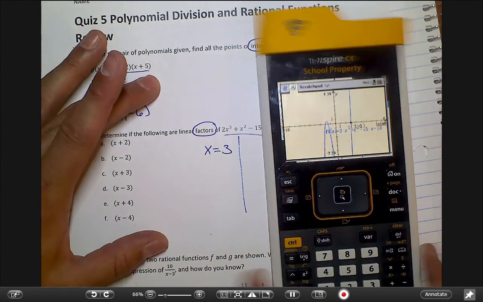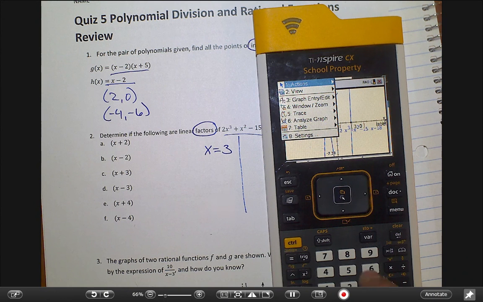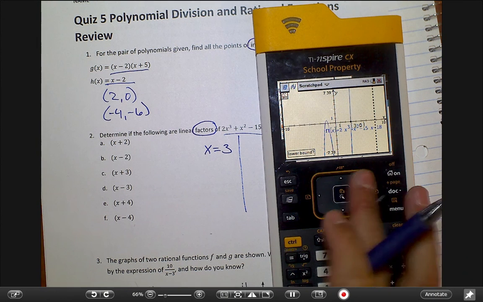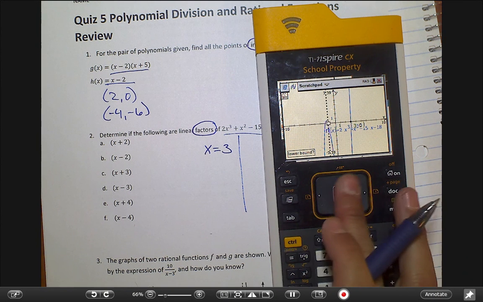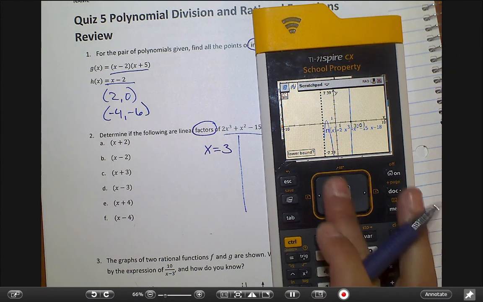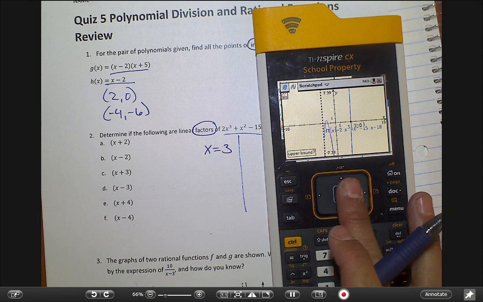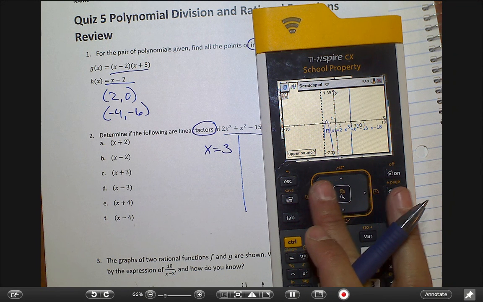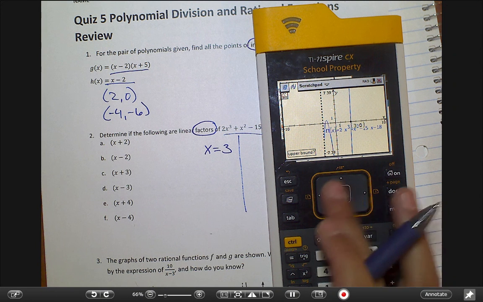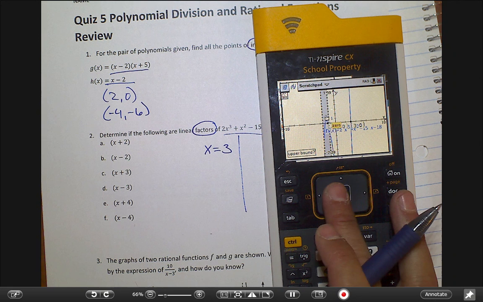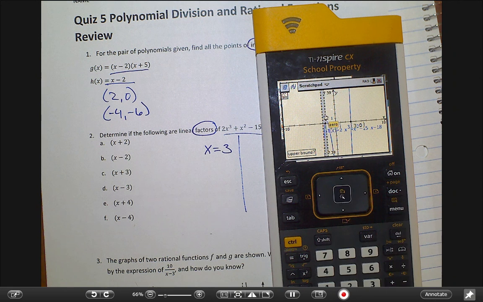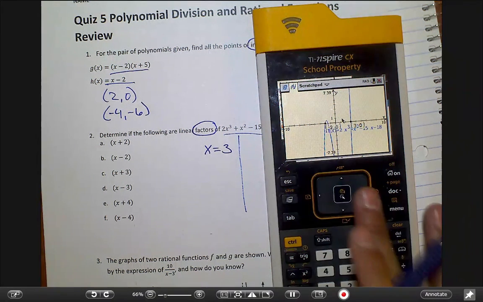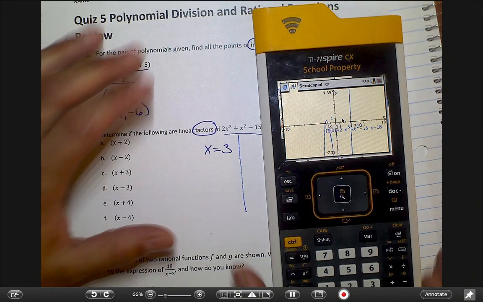Now, let's find the other ones. Menu, 6, 1. Okay, so x equals -2.